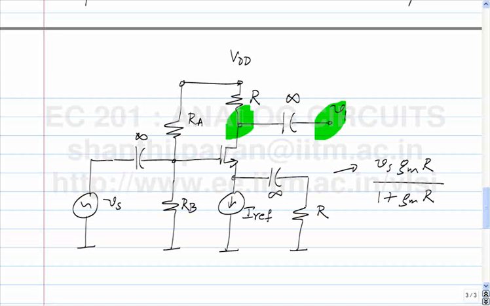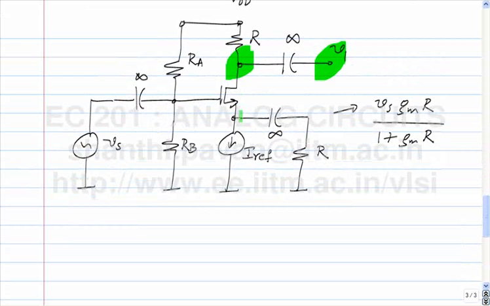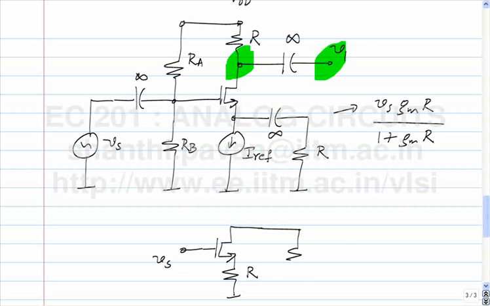Okay, when you are in doubt, what do you do? Draw the incremental equivalent. This is R. This is Vs. What is the incremental equivalent at the drain? R to ground.